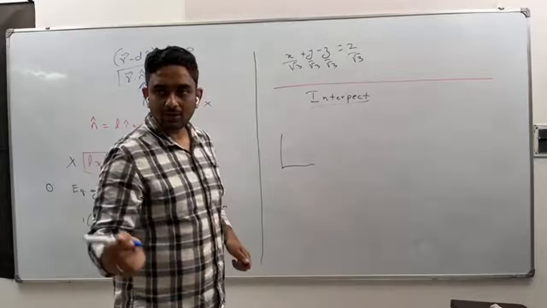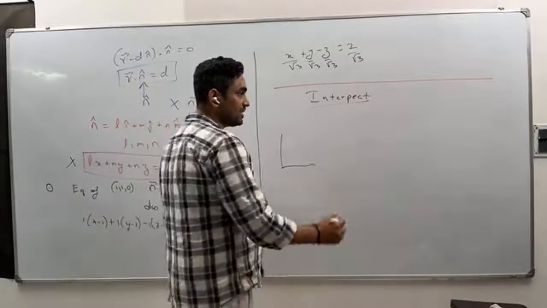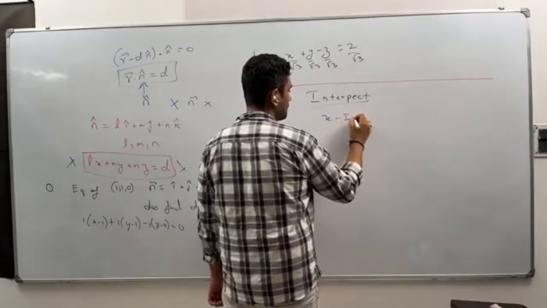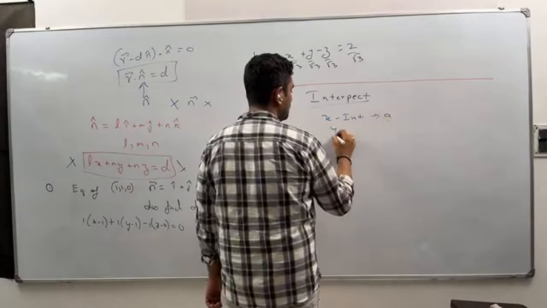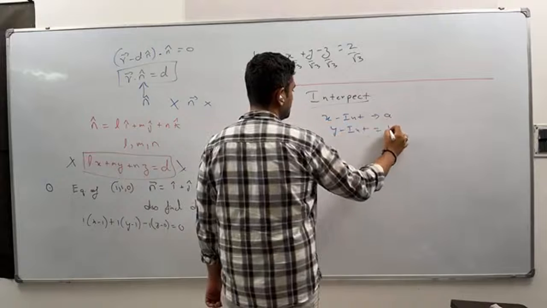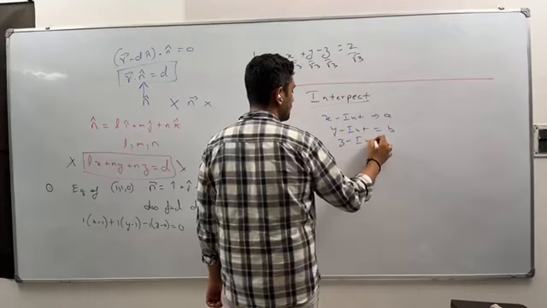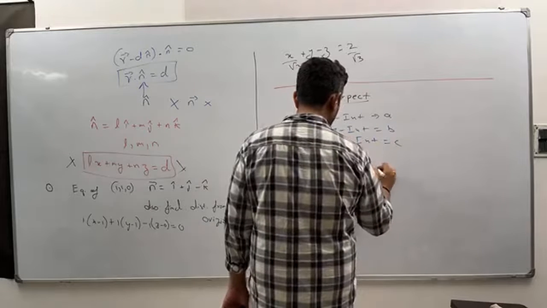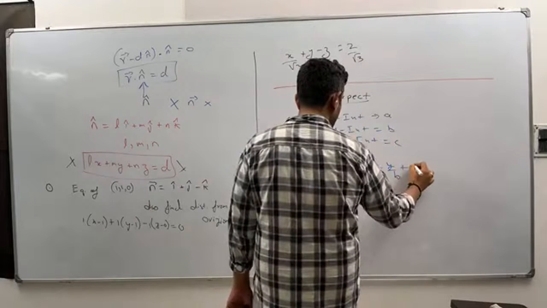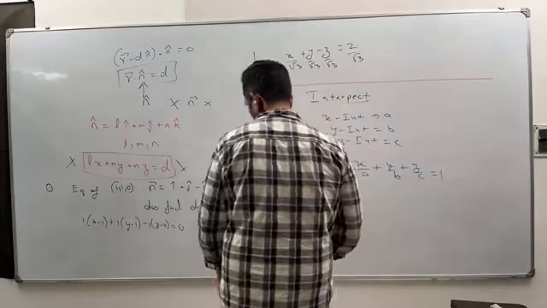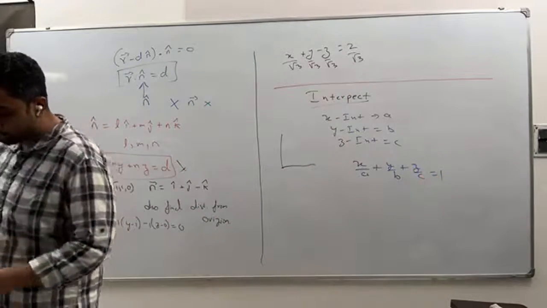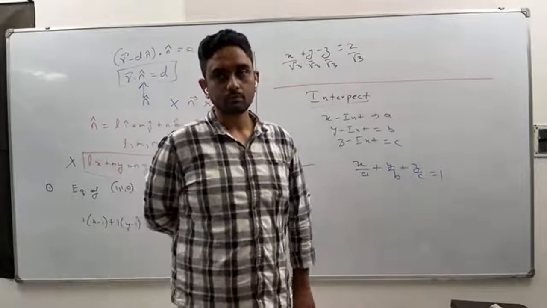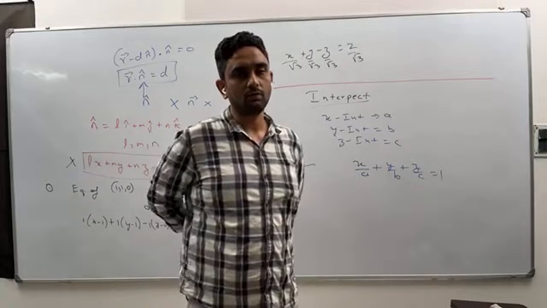Those are known as the x, y, and z intercepts. If the x intercept is a, the y intercept is b, and the z intercept is c, then the equation of the plane is given as x by a plus y by b plus z by c equals 1. This will be the equation of the plane.